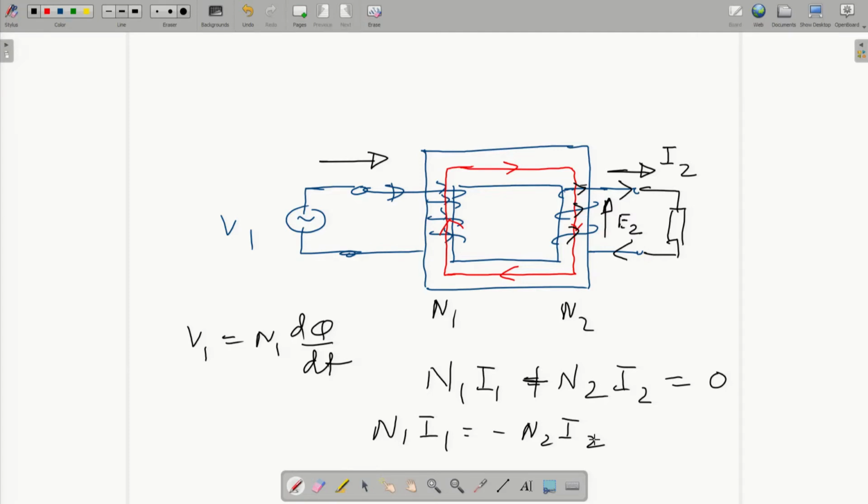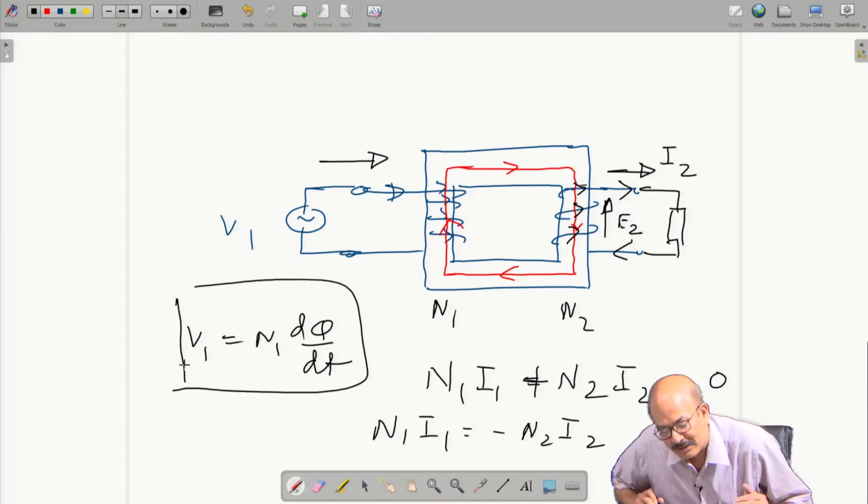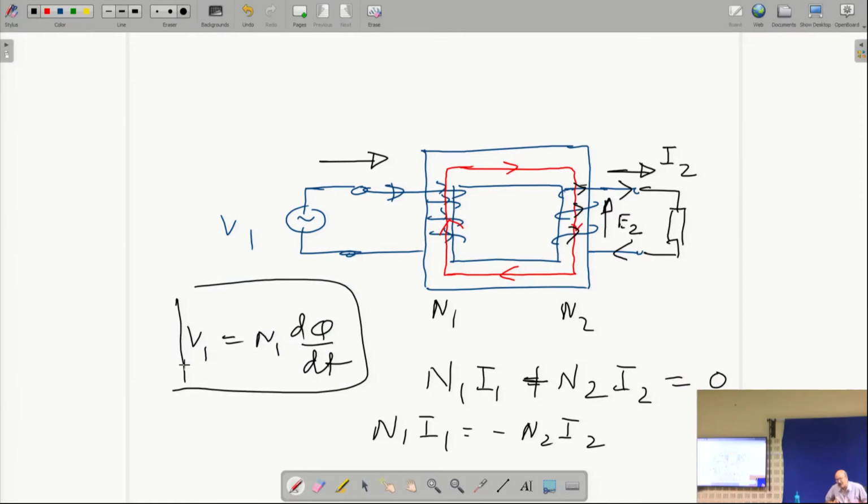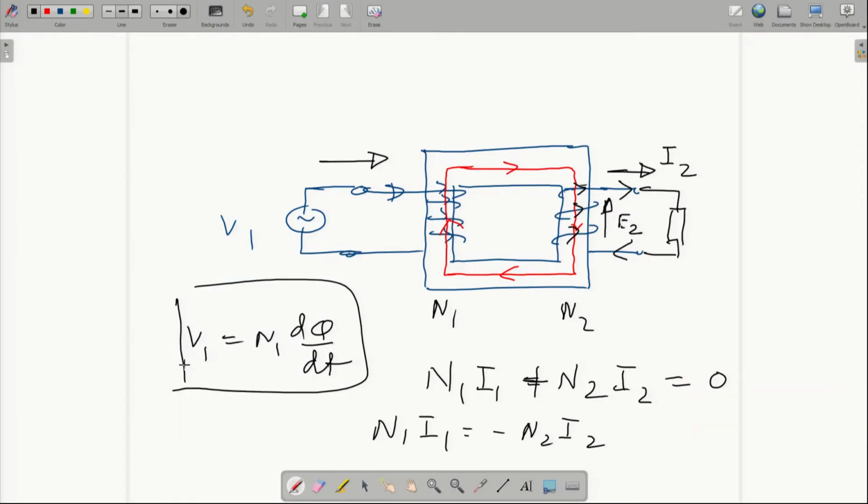Whenever you load the secondary side, an MMF is produced that must oppose the primary MMF. The flux will try to decrease, but it is not allowed to decrease by this equation. So the current intake will be more, to cancel the MMF produced by the secondary or load side. So this must be true.